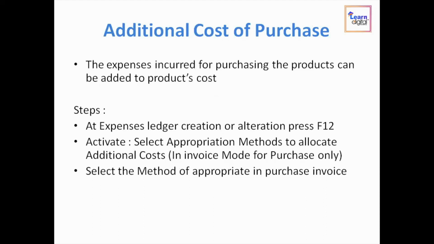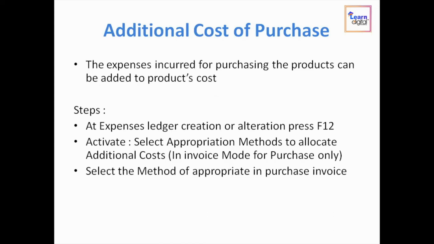Now the next part is additional cost of purchase. If you are purchasing any goods, and while purchasing we pay different charges like loading charges, unloading charges, freight, transportation charges, all these additional expenses are known as cost of purchase.